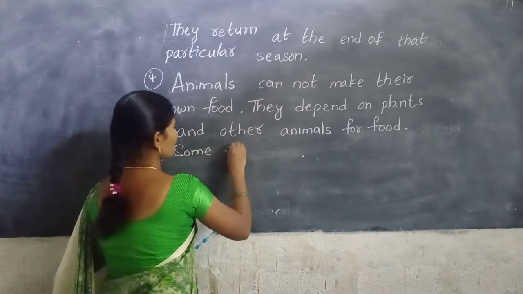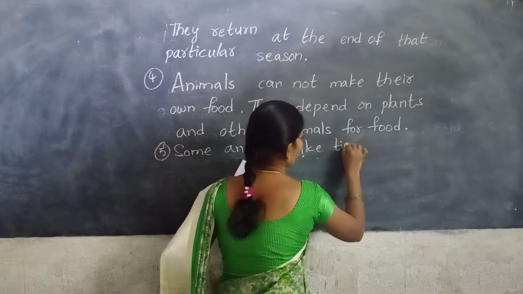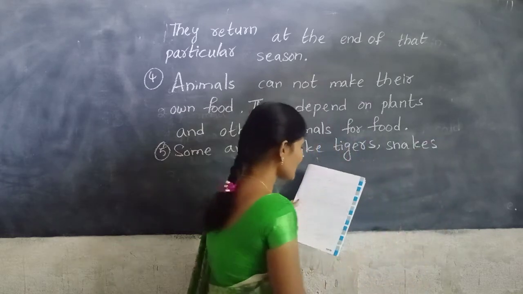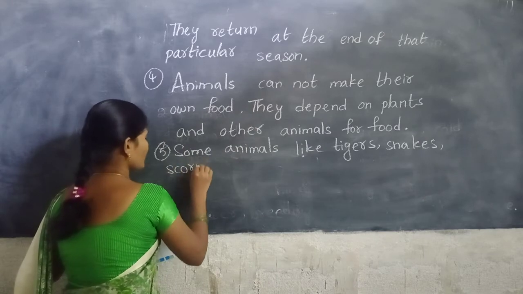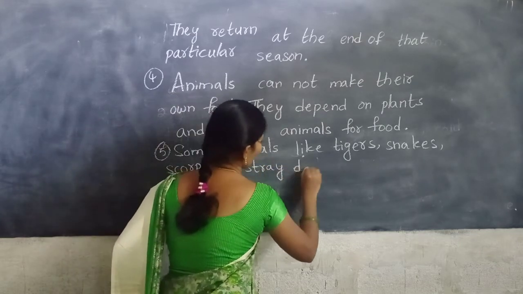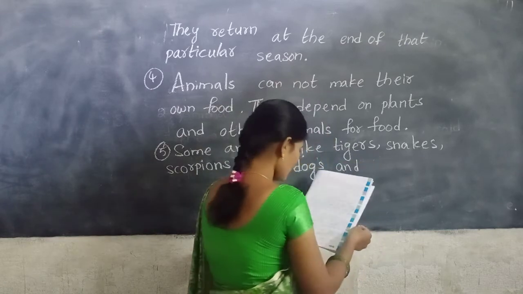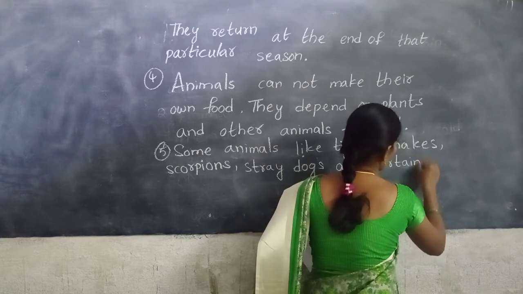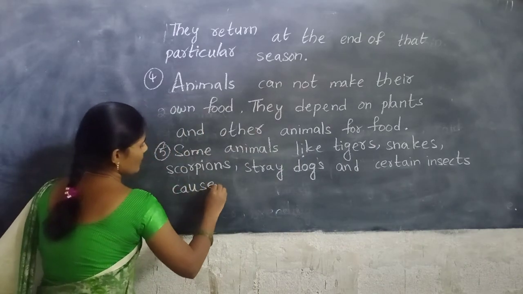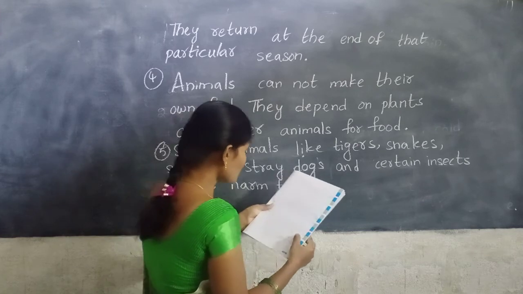Some animals like tigers, snakes, scorpions, stray dogs, means wild dogs, and certain insects cause harm to us. We must be careful.